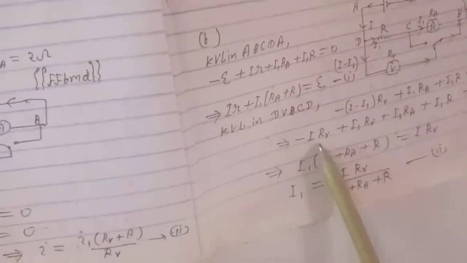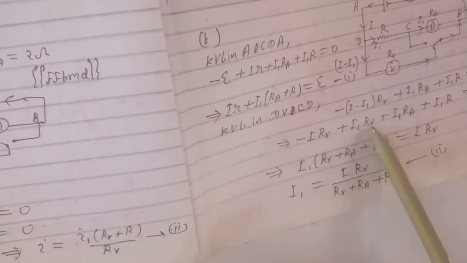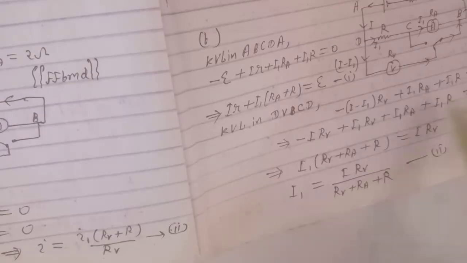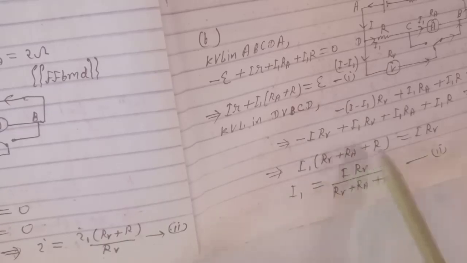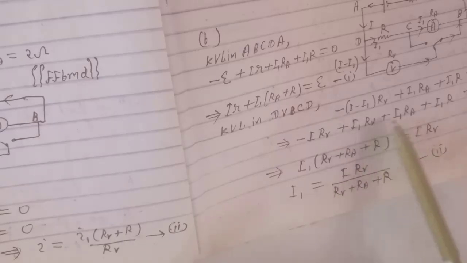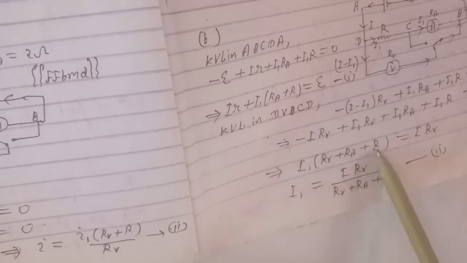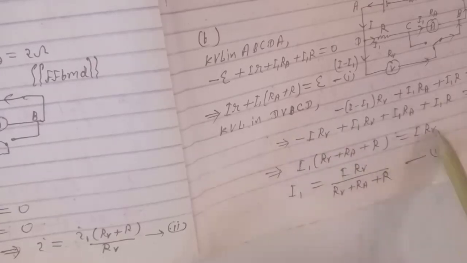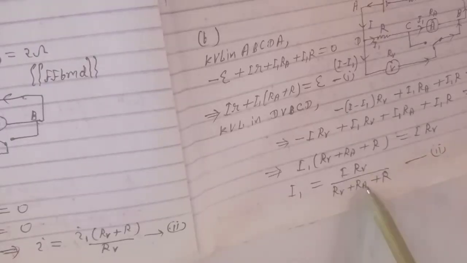This implies minus I into RV plus I1 RV plus I1 RA plus I1 R equal to 0. Taking I1 common, I1 into (RV plus RA plus R) equals I into RV. Hence I1 will be I into RV by (RV plus RA plus R).